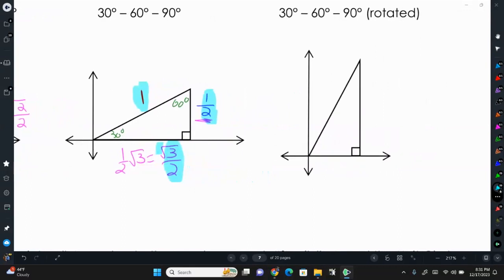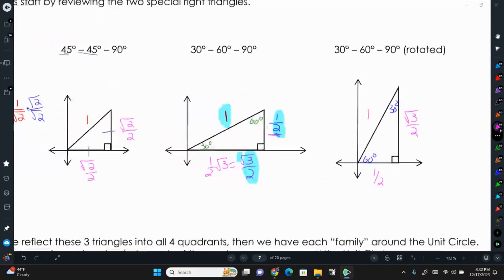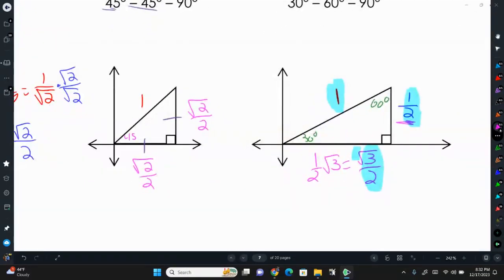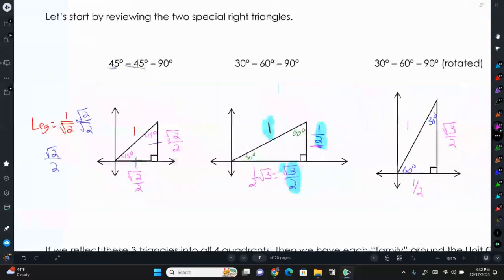Well, now, if this 30, 60, 90 triangle is rotated so that the 60-degree angle is down here and the 30-degree angle is up here, well, the hypotenuse is still 1. But now this side is the square root of 3 over 2, and this side is 1/2. So you'll notice a couple of things, and we probably should have written 45 degrees here, that the angle that is next to the x-axis here for all of them are angles on the unit circle.